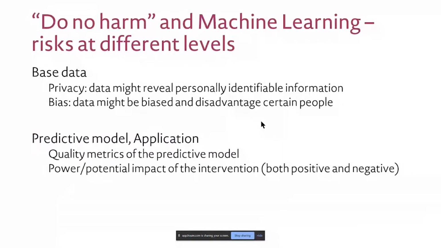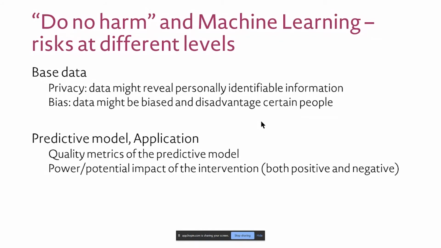So with any public health or health intervention, we should follow the do no harm principle. This is no different for machine learning or any other intervention. However, for machine learning interventions, since it is still a relatively new approach, I think it's worth looking into where the harm actually might be introduced.